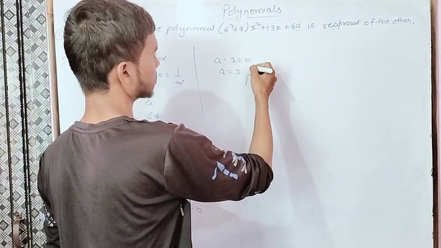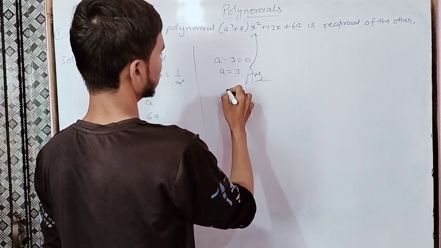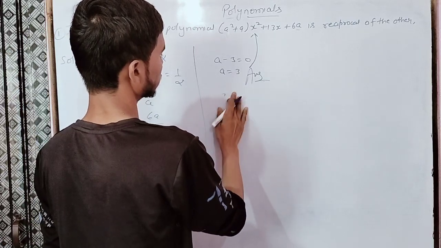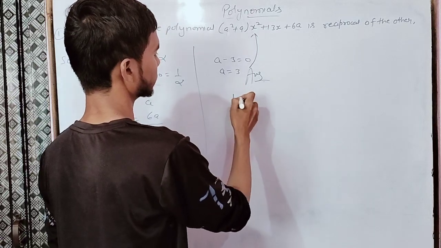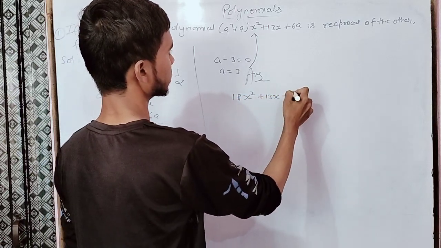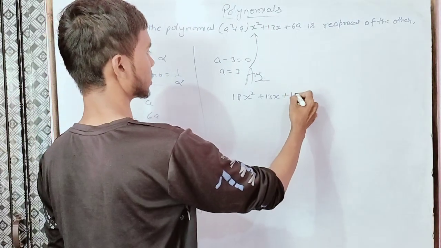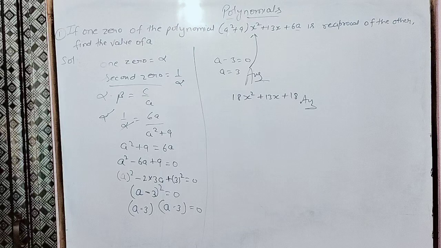Even you can substitute the value of a in this. 3 a square. So 3 3 is a 9 plus 9. It will become 18 x square plus 13 x plus 6 multiple 3 18. This is final. This is final quadratic polynomial.